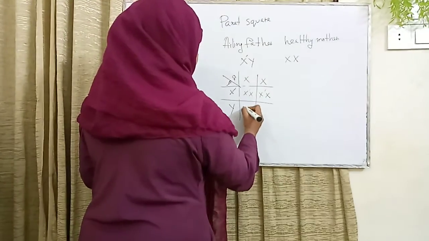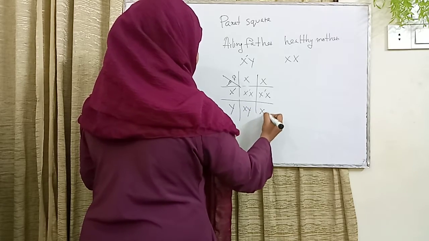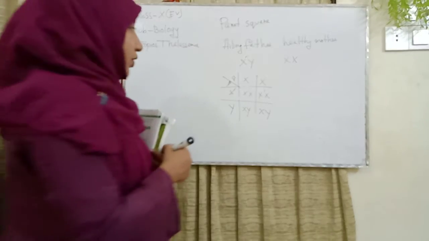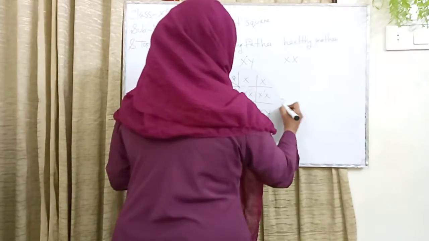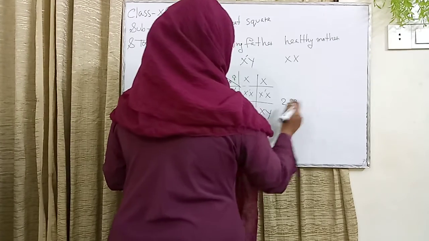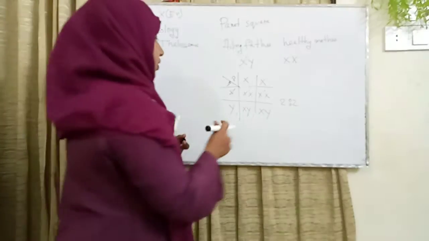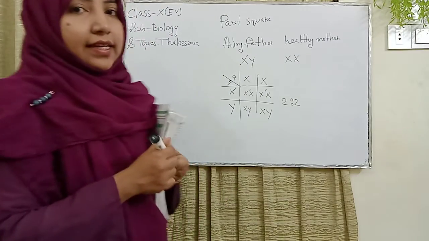X and Y is healthy, and another X and Y is the healthy father. So the ratio is 2 carrier mothers and 2 healthy fathers.